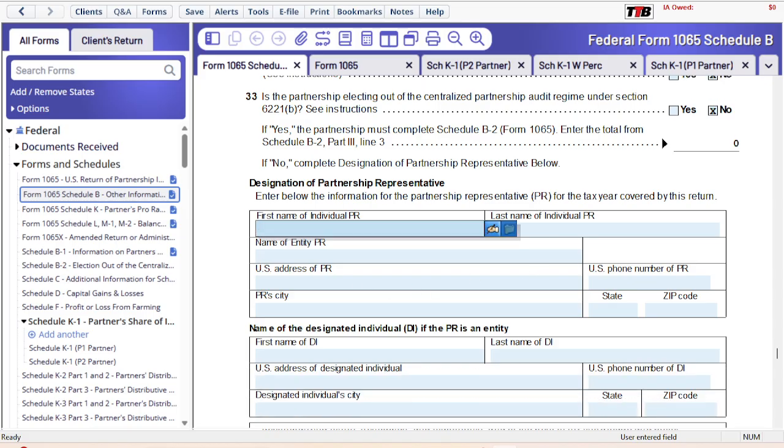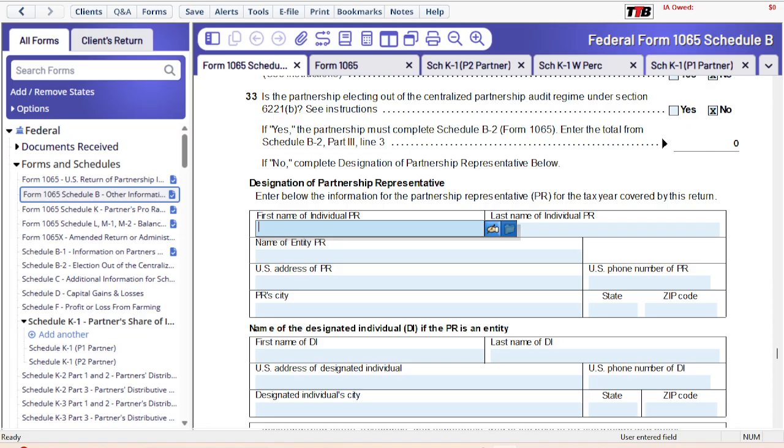So here you are going to put your name. It's not going to be the tax preparer name, but it's going to be you, the owner of the business, or the main partner, or the responsible partner, who is representing your business.